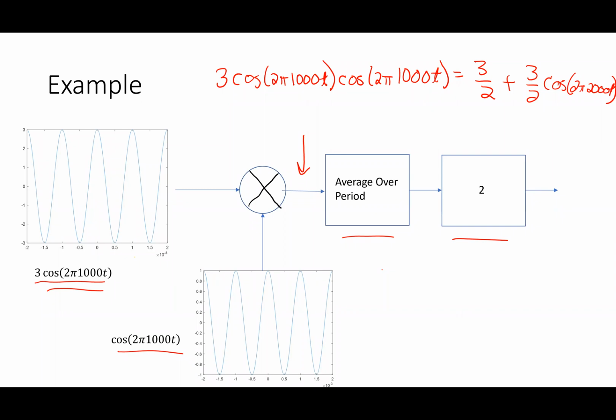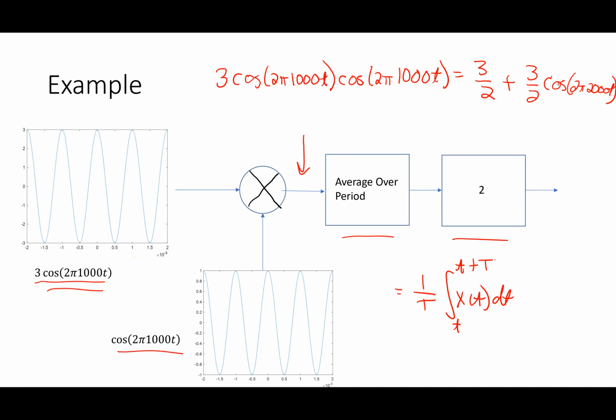Anybody remember? Yep, so from t to t plus capital T, of x of t dt. That is the definition of an average over a period.